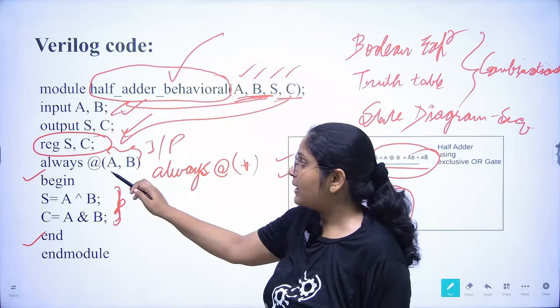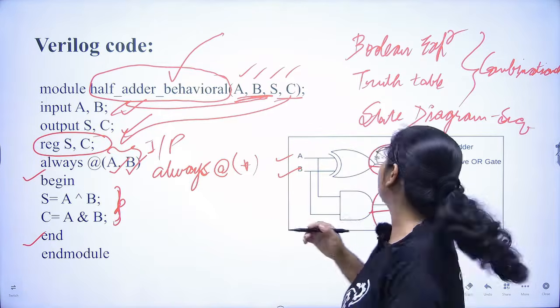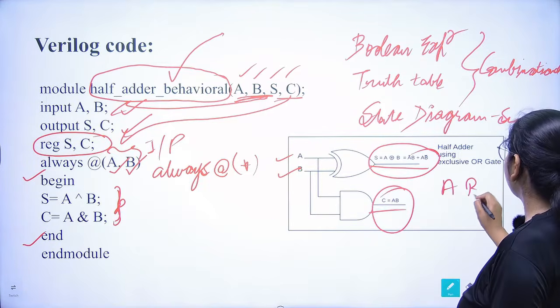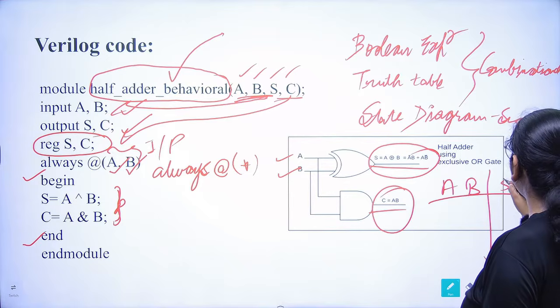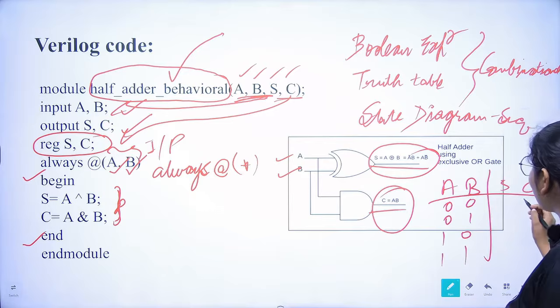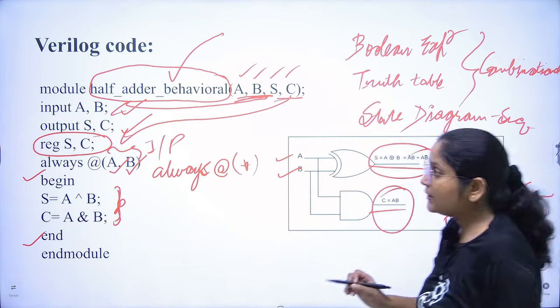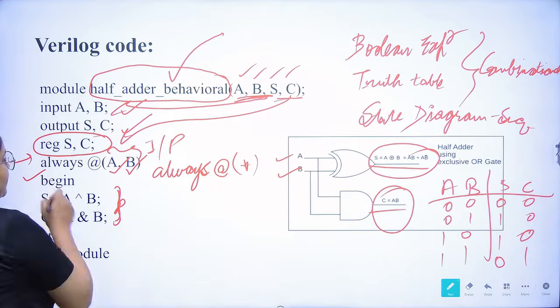Now to see whenever there is a change in inputs A and B, again look at the table of half adder, look at the table 0 0, 0 1, 1 0, 1 1. Your compiler will come here. What will it see?